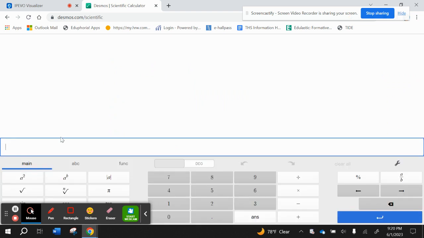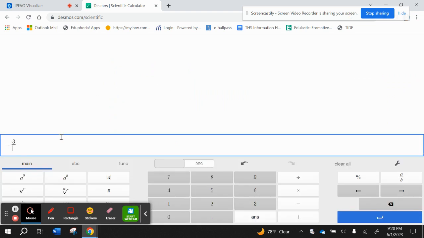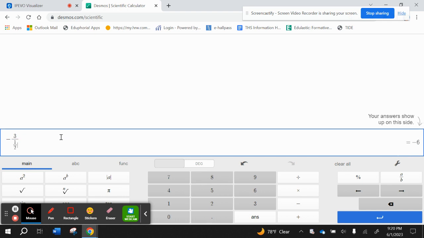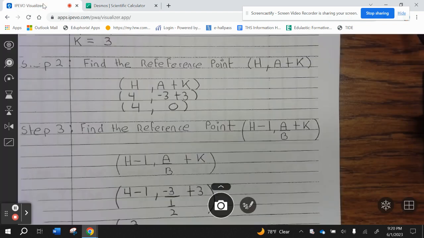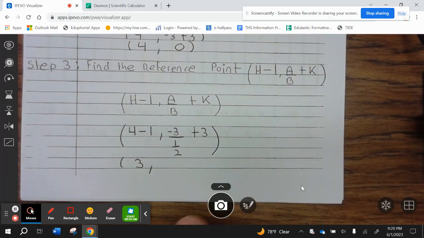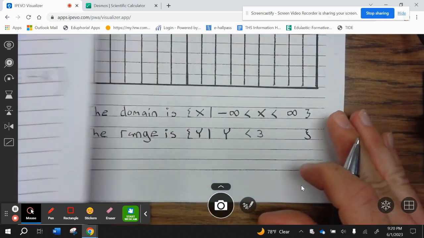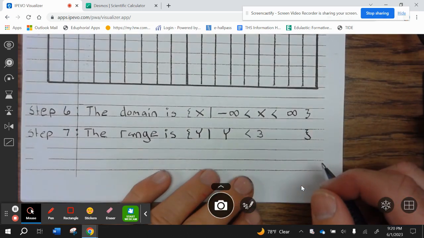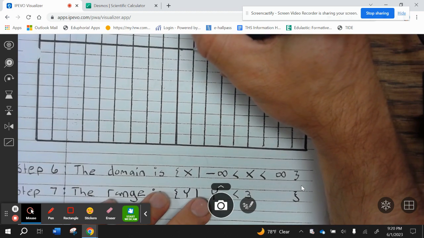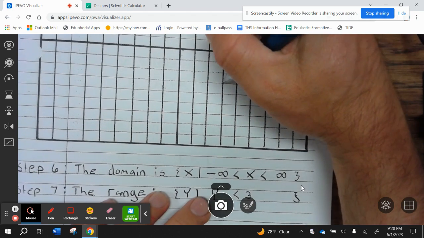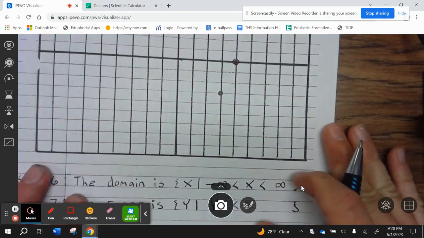So -3 divided by 1 divided by 2 plus 3 is -3. Okay, so that's 3 comma -3. And let's go ahead and graph that point. So 3, 1, 2, 3, -1, 2, 3. Okay.